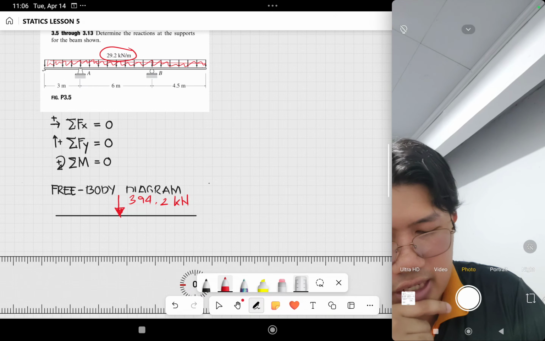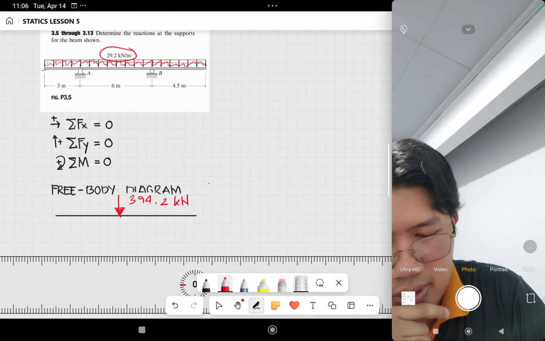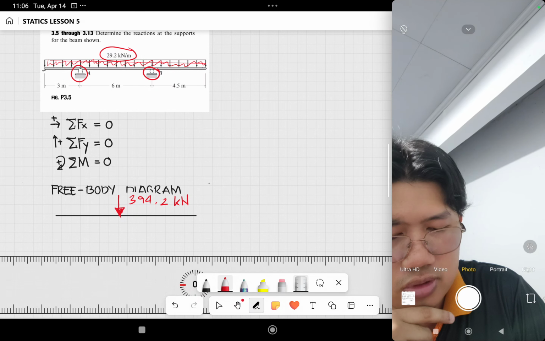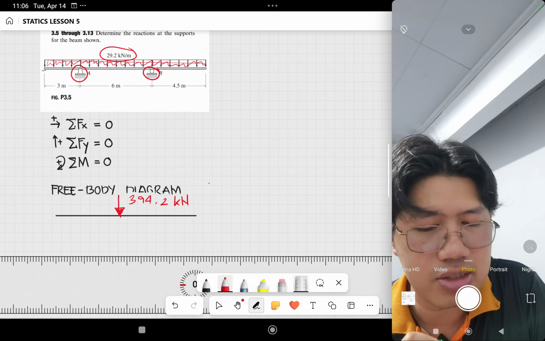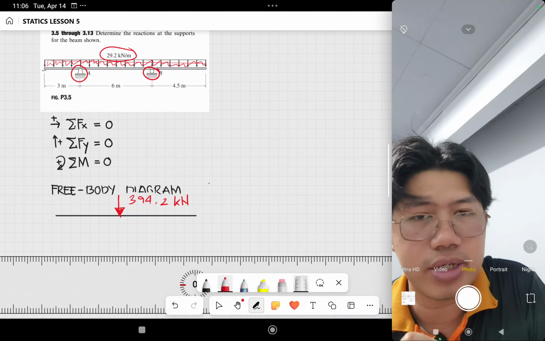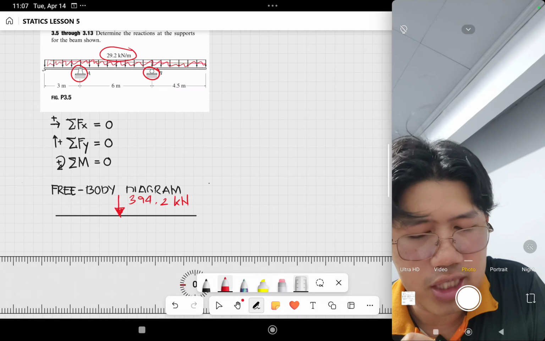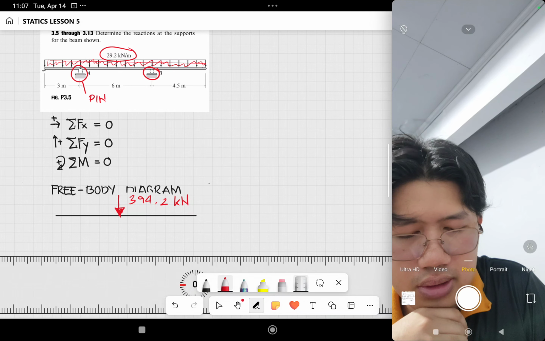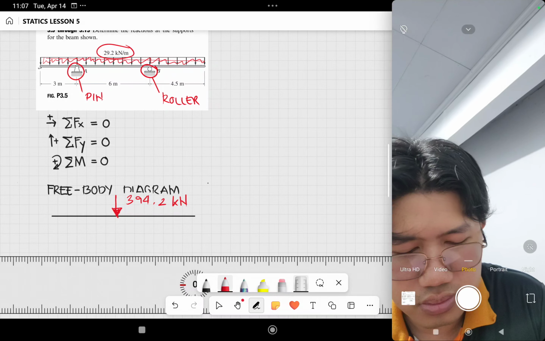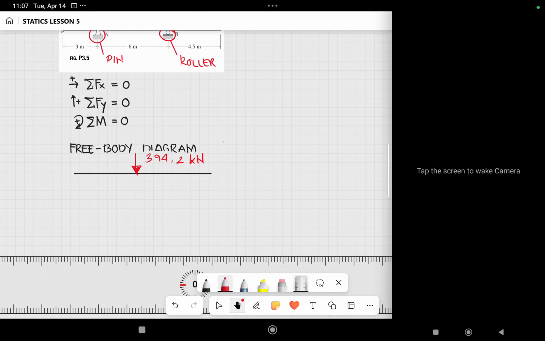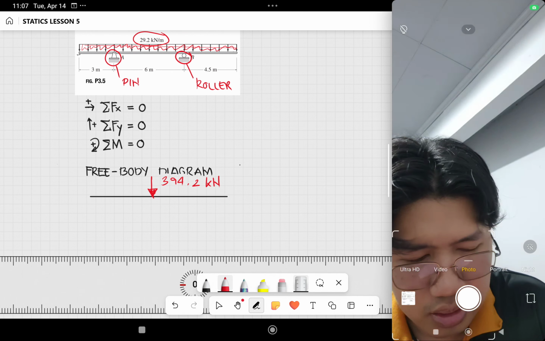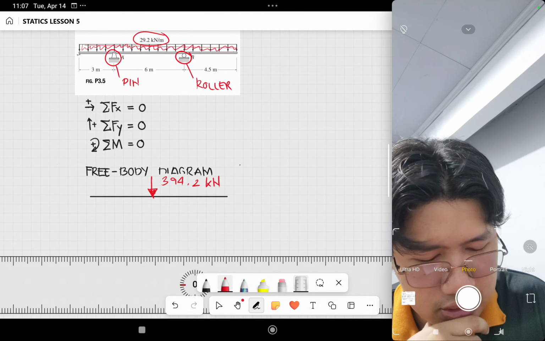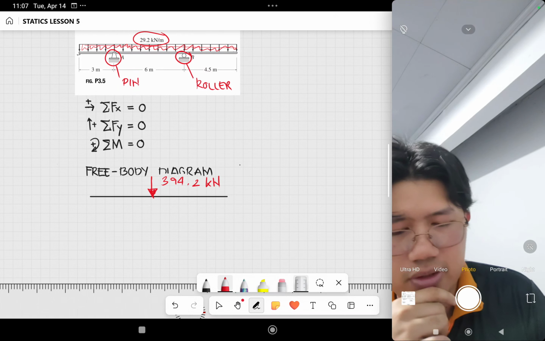Okay, and then we reflect yung mga forces na maproproduce or yung mga i-exert na reaction ng ating mga support. Okay, so at point A we have a pin. At point B we have a roller support. So, sa pin, ano yung mga reaction forces na meron tayo?